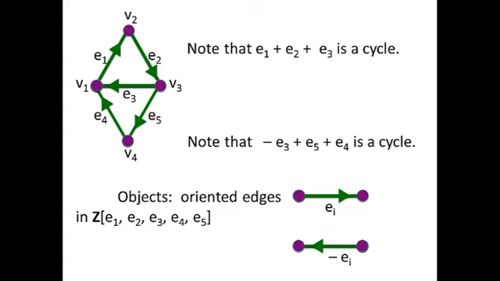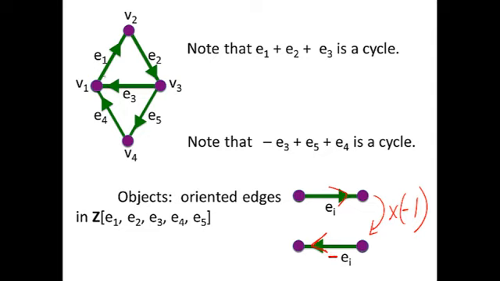If I wish to reverse the orientation of an edge, I just multiply that edge by -1. So multiplying by -1 changes the orientation, changes the direction of my arrow. Now my arrow points in the opposite direction. So now negative numbers have a particular meaning, that of reversing orientation.